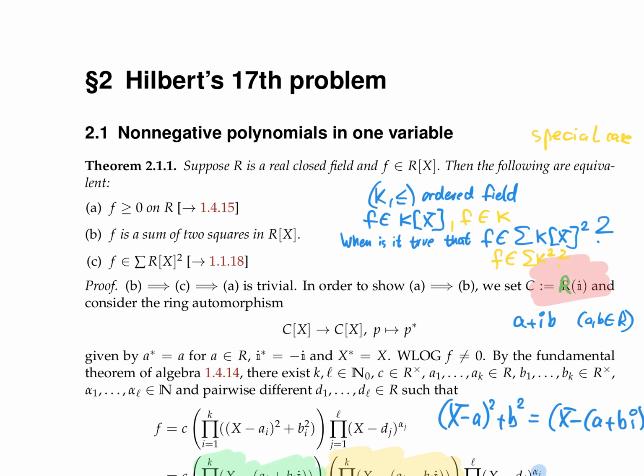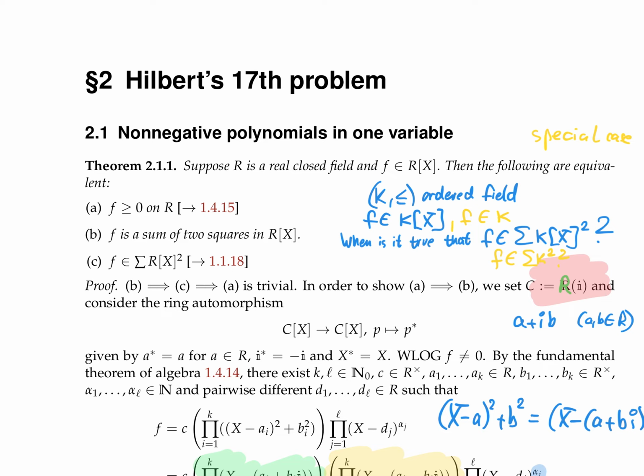So if there are two orders on K, then not every non-negative element from K is a sum of squares, and therefore the condition that f is non-negative on K or on a real closed extension field of K less than or equal will certainly not be enough, right? Because already for constant polynomials it fails.